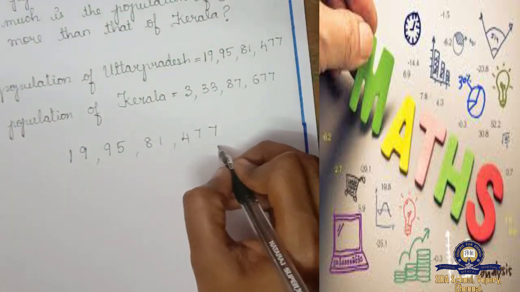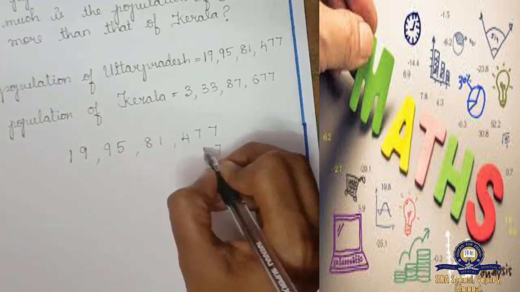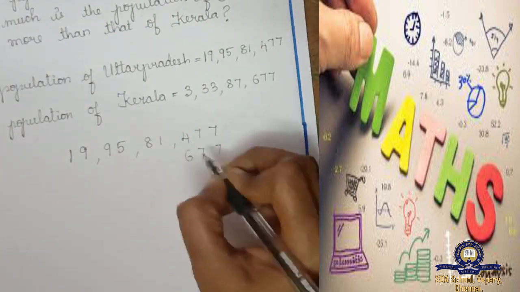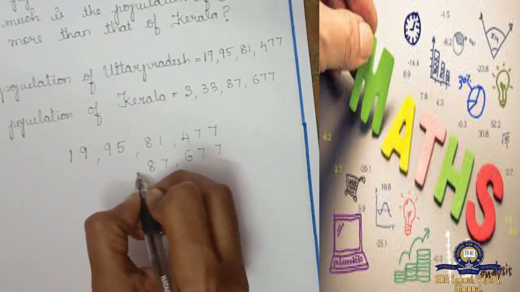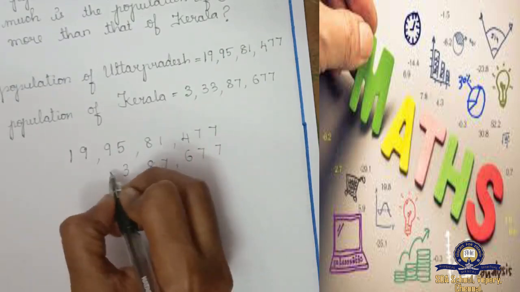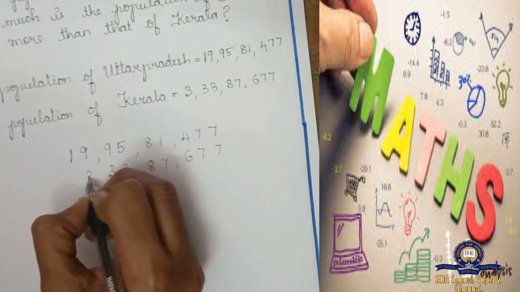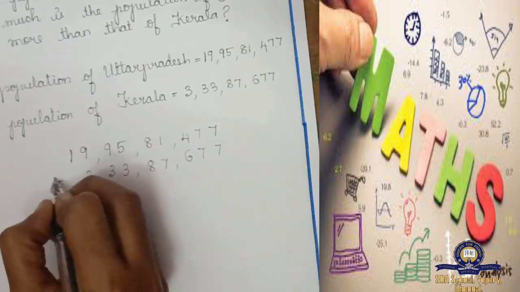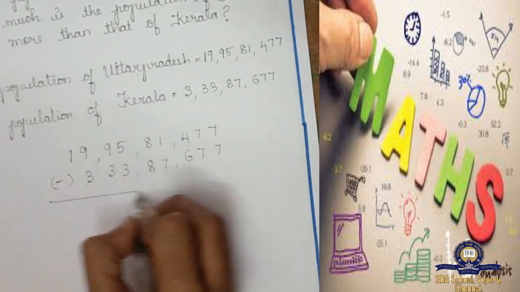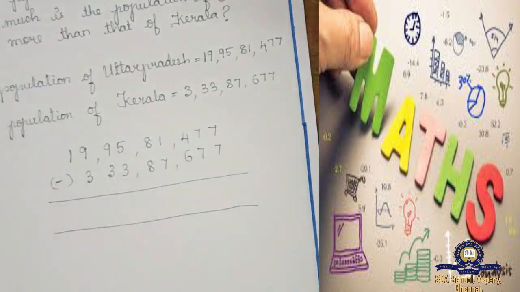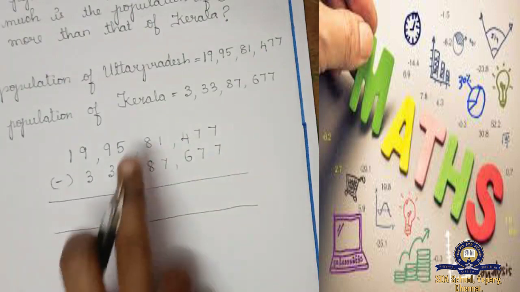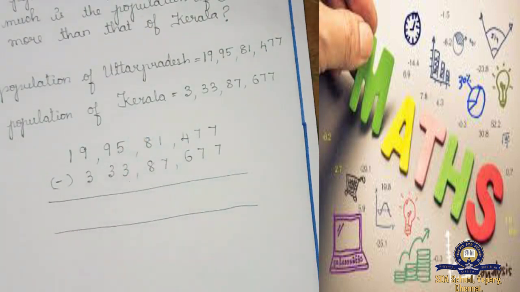From the back only you have to start. 7, 7, 6, 7. You should write it straight. Then the subtraction symbol. Okay. So this is minuend and this is subtrahend. Shall we subtract it?